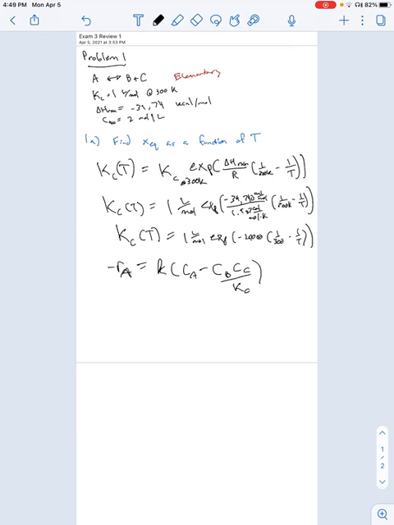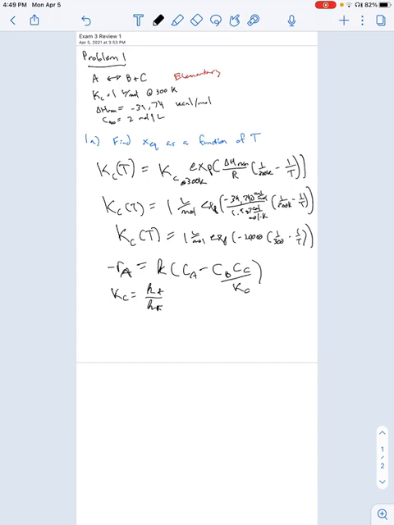And you can show that Kc is going to equal k over k reverse. So that's the rate equation.